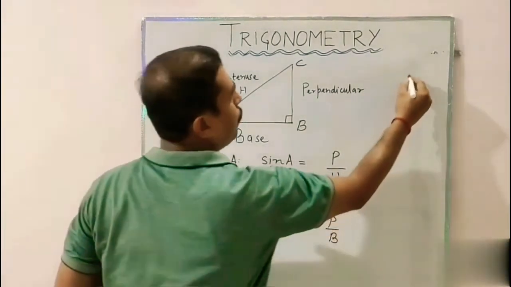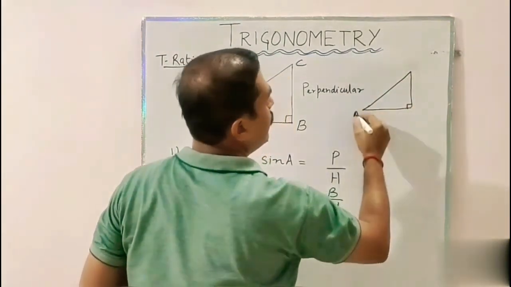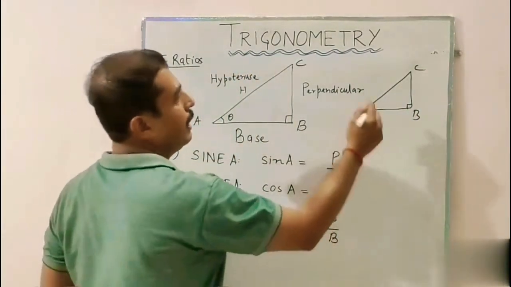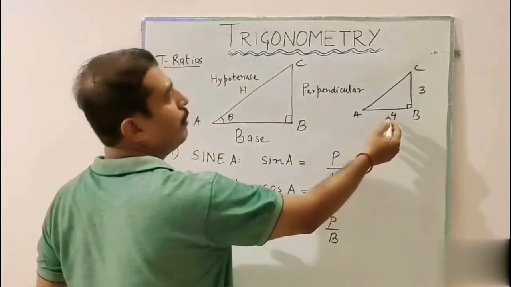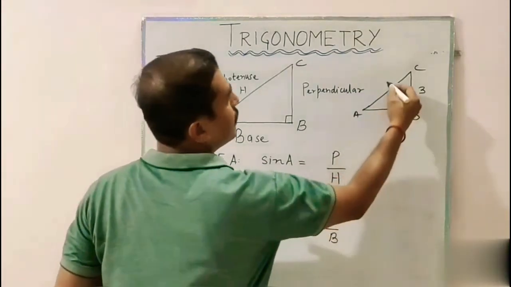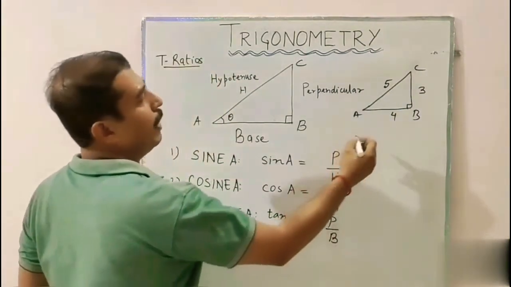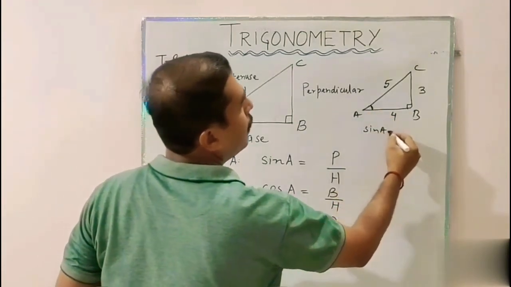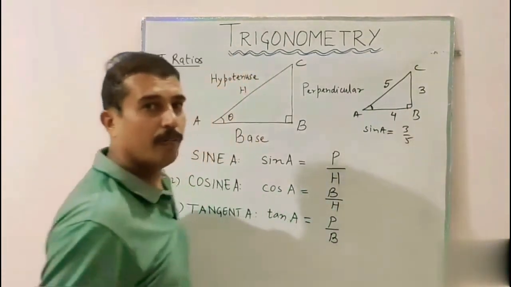We'll take an example. Suppose there is a right triangle ABC. This will help you understand more easily. Suppose this side is 3, this is 4. If the third side is not given, we can find it using Pythagoras theorem, and it will be 5 units. If I want to find the value of sin A, it will be perpendicular upon hypotenuse, that is 3 upon 5.